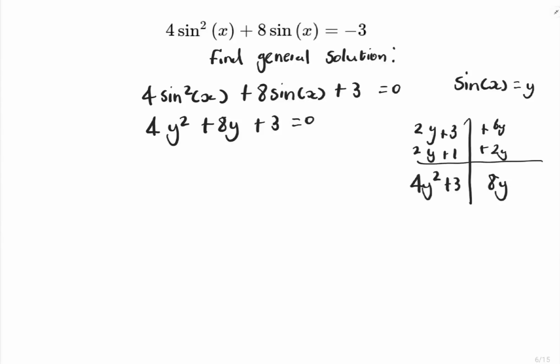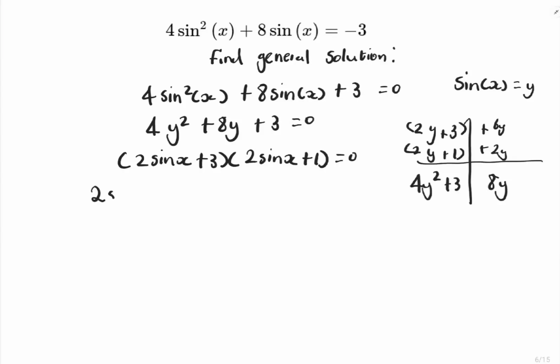So if we substitute y back with sine x again, we're going to get, these are going to be in brackets, right? So it's going to be 2 sine x plus 3, 2 sine x plus 1. I know that this x is supposed to be in brackets, but it really doesn't matter. Okay, so now we're going to have two solutions.